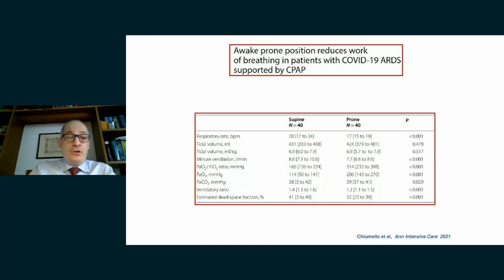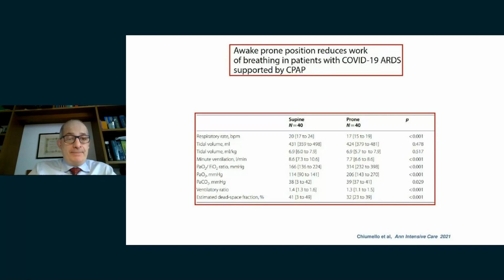The prone position was used not only to improve the oxygenation, but with the idea to reduce the inspiratory effort and the work of breathing, so to reduce the patient's self-inflicted lung injury.